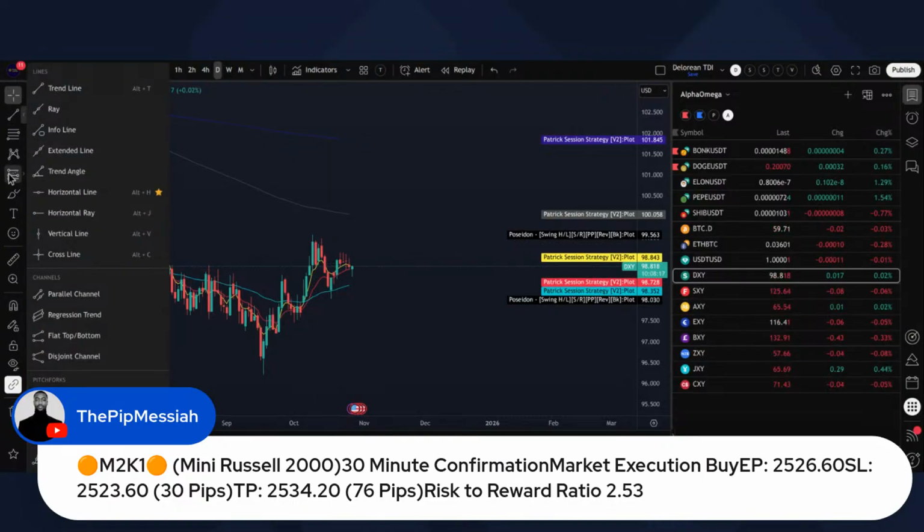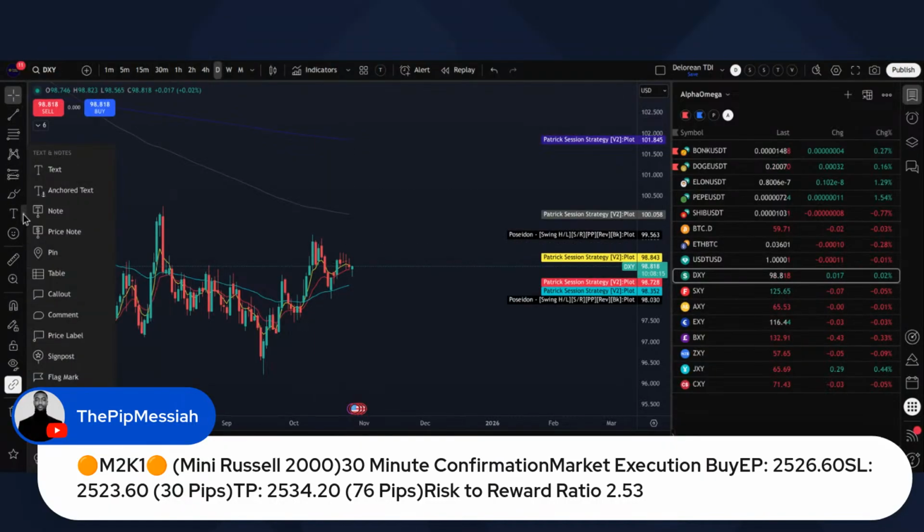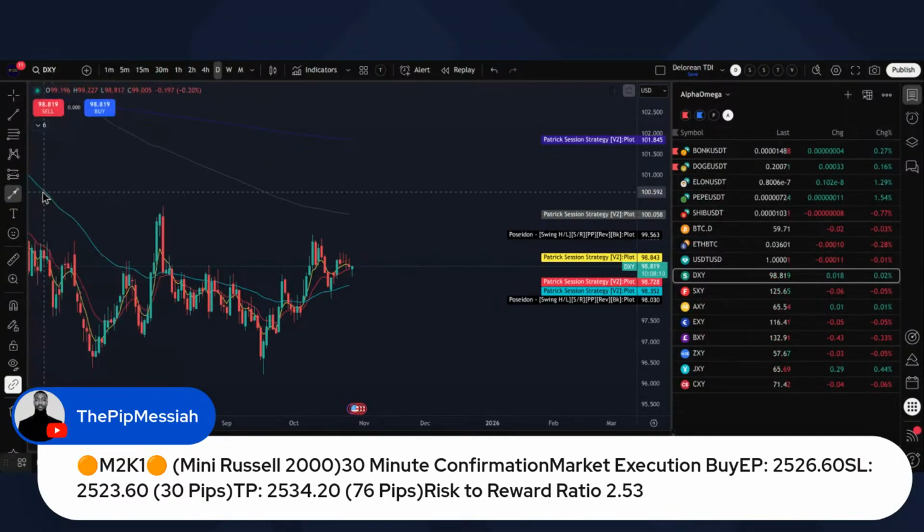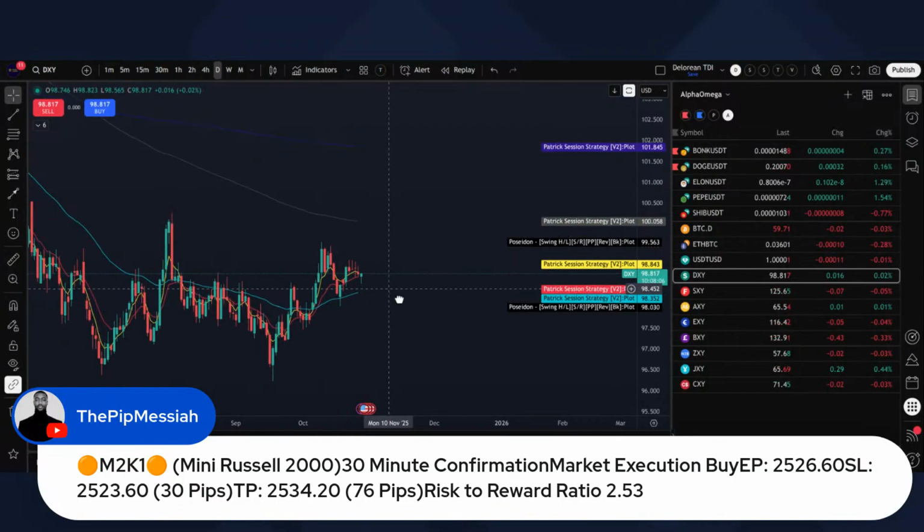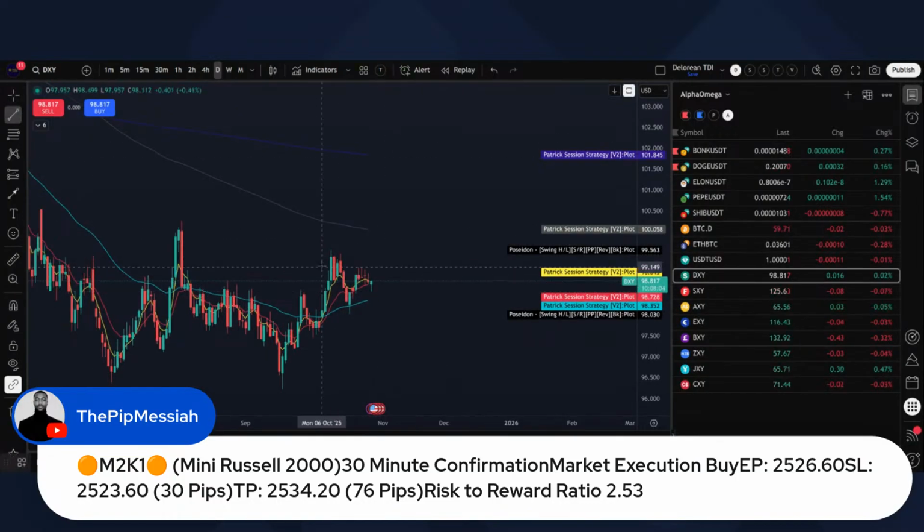If you can't already tell, this is selling off. We also have an uncovered wick right here. So what I would imagine is that price is going to decline, break this low, and continue its decline.